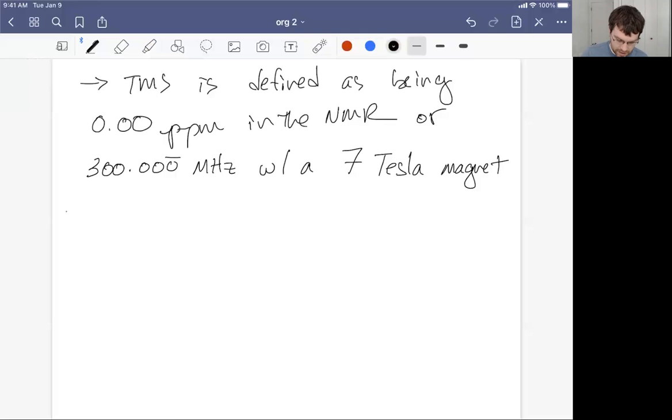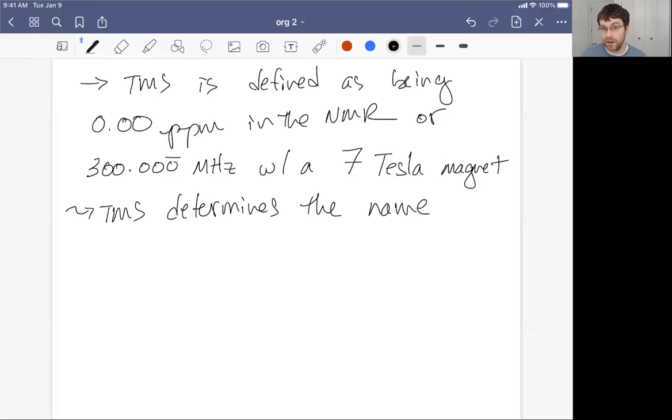So TMS determines the name of the instrument. Like, we don't call it the 7 Tesla NMR, we call it the 300 megahertz NMR. Okay. So a lot of advantages, okay?